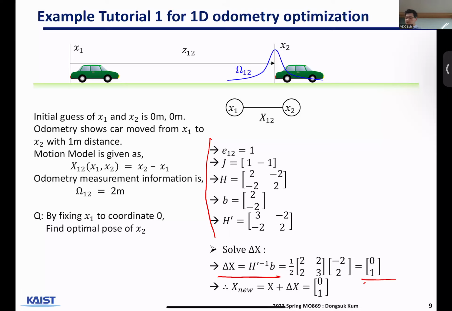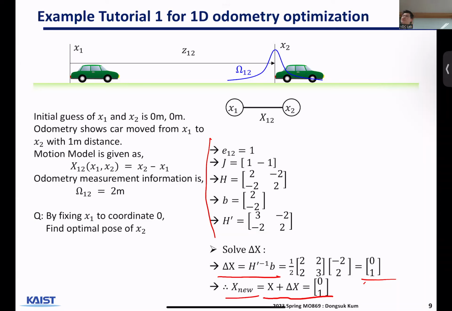So that means del x is 0, 1, meaning that during the optimization process, we should move the x2 value and add 1 to x2. So you add the initial x plus del x, which is 0, 1. So this is the new x, okay?